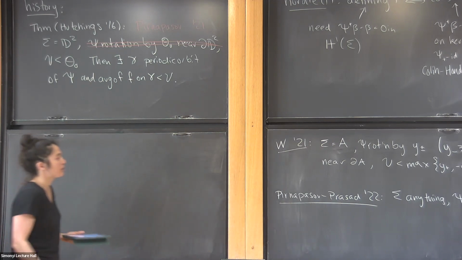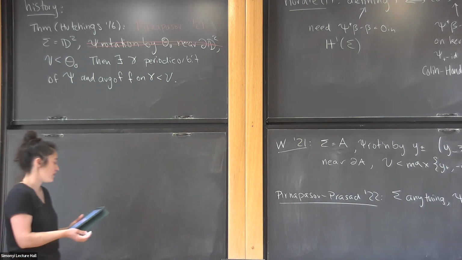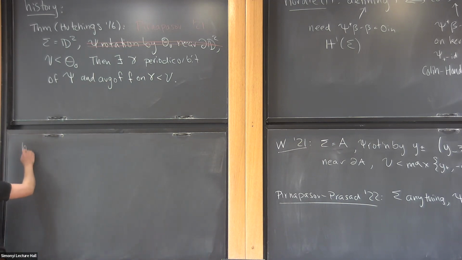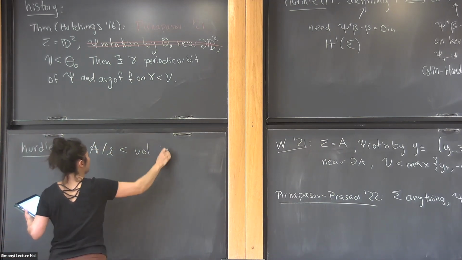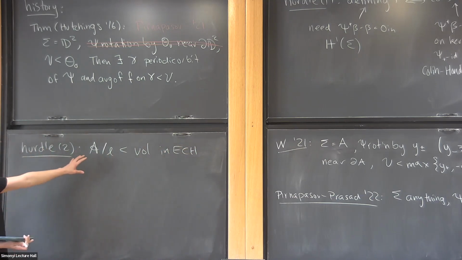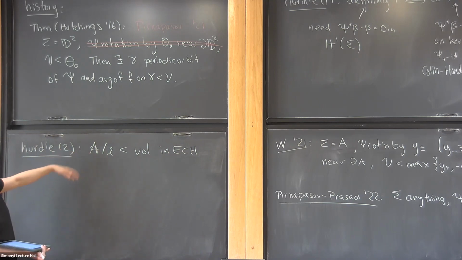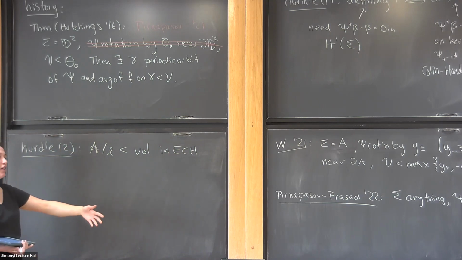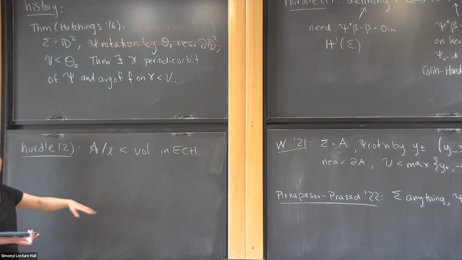Okay, so what we want to use is an invariant of knots in ECH. So the idea, hurdle 2: action over linking is less than the volume, in ECH. The thing that's really great about ECH is that it's a diffeomorphism invariant constructed from a contact form. So you can pick a very nice contact form, compute something, and you'll learn something about your terrible contact form that you don't know anything about.